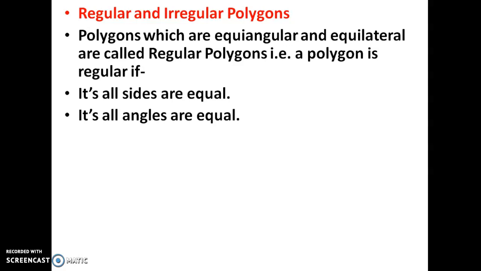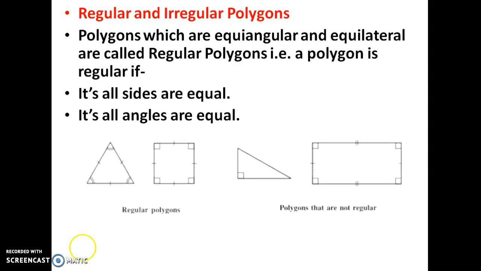If both conditions hold, all sides equal and all angles equal, then it is called a regular polygon. These are the examples. You can see an equilateral triangle. Equilateral triangle means all sides are equal and all angles are equal to 60 degrees. So all angles equal and all sides equal means it's a regular polygon.